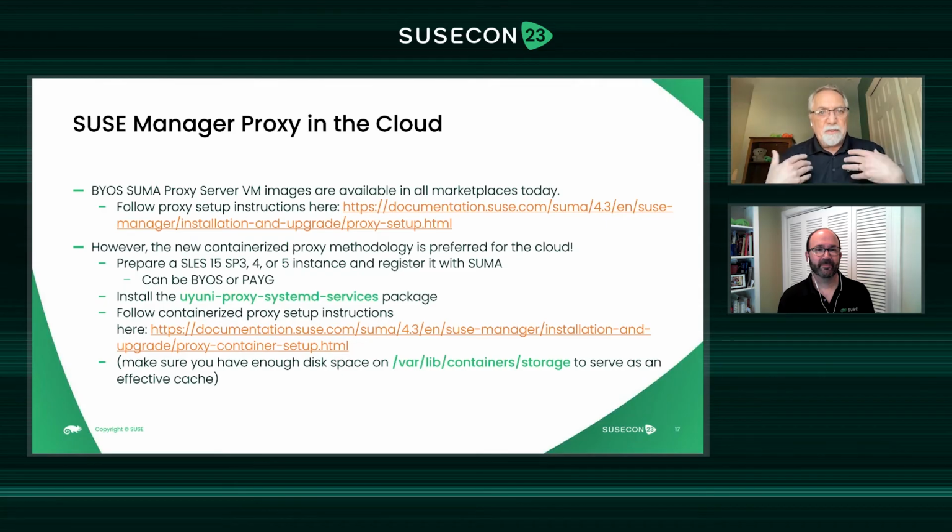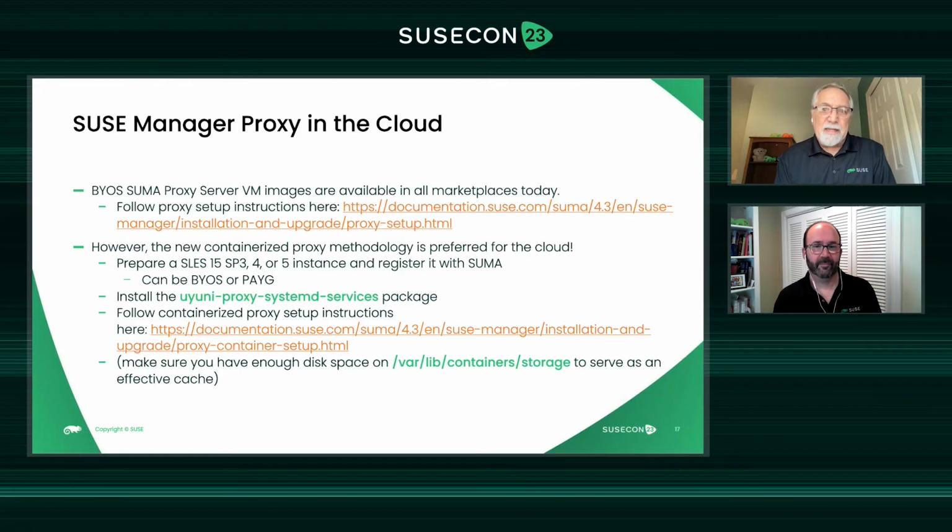So if you need a proxy, you can use that proxy image that's out there in the cloud. And we recommend that to help you with scalability, with moving content closer to where the clients are in a different cloud region, for example, or maybe even in a different network subnet, or however you've aligned your client systems.